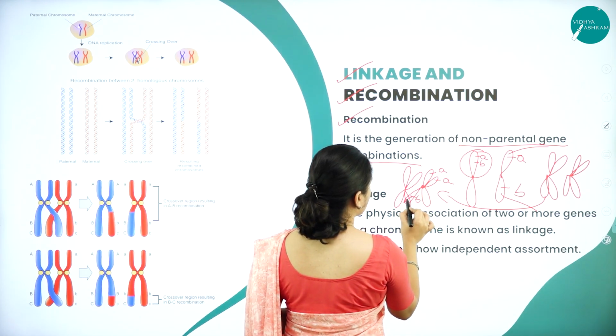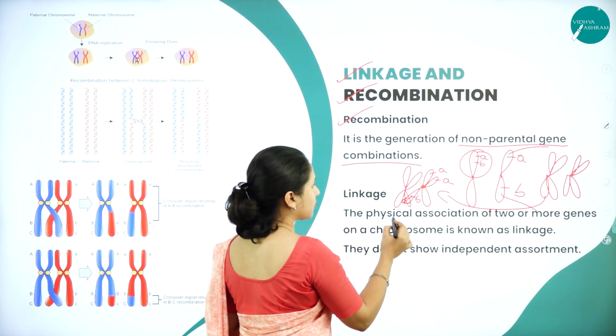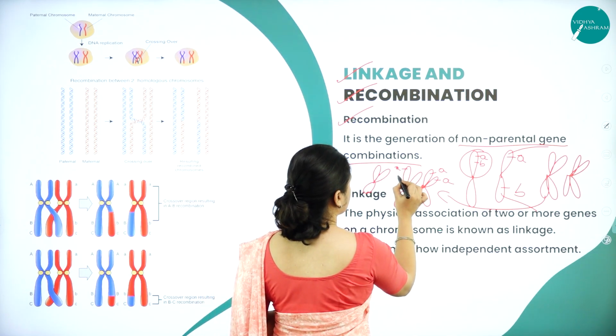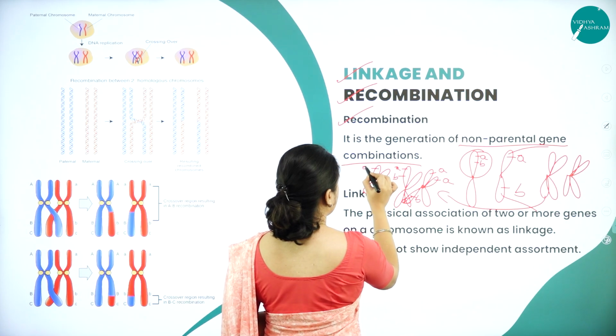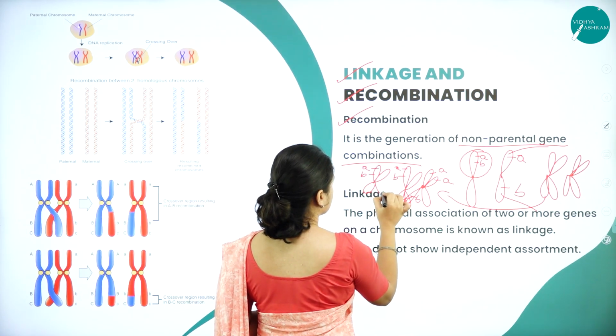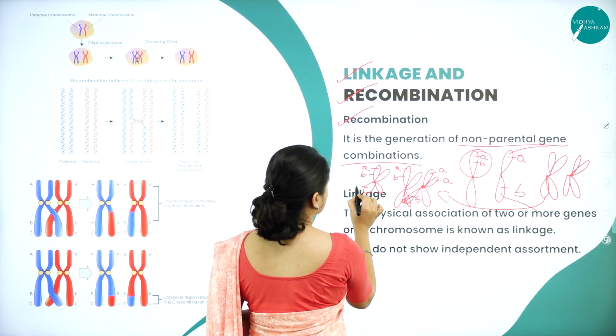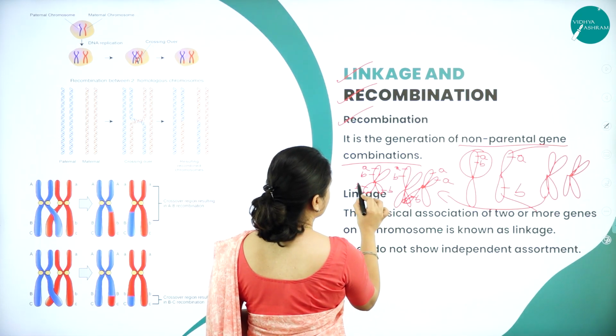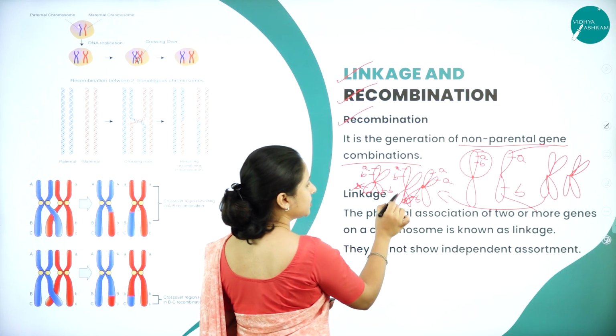This will move to this particular chromosome. So the chromosome will have A, B and here B. Why? Because this has crossed over with this.